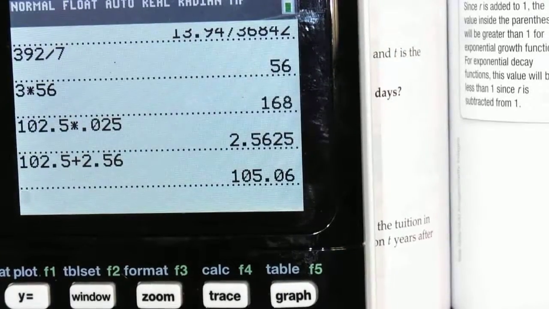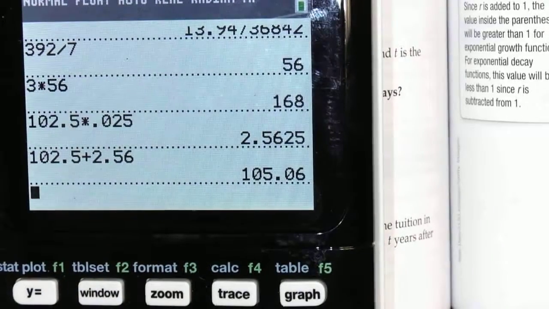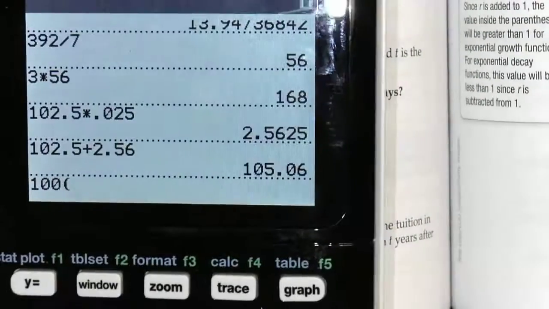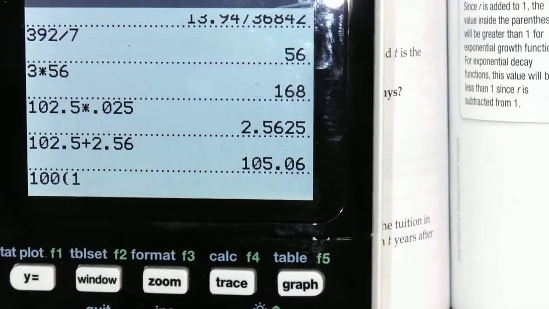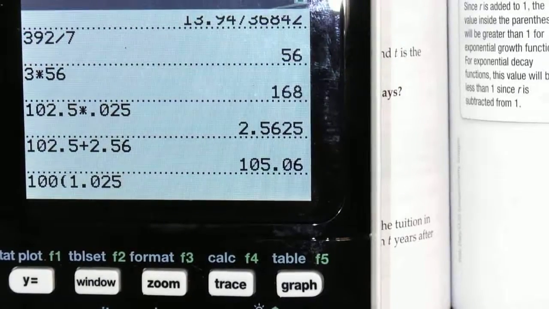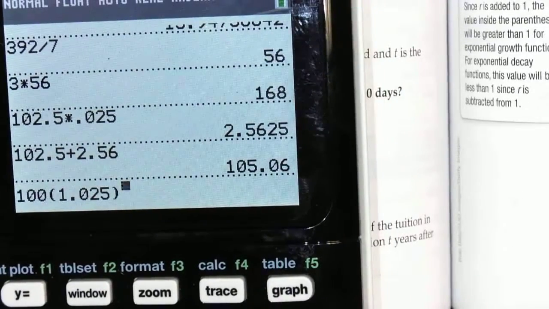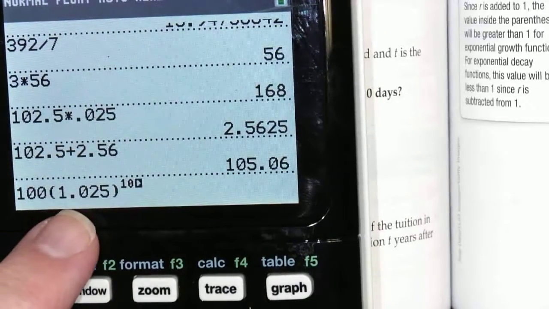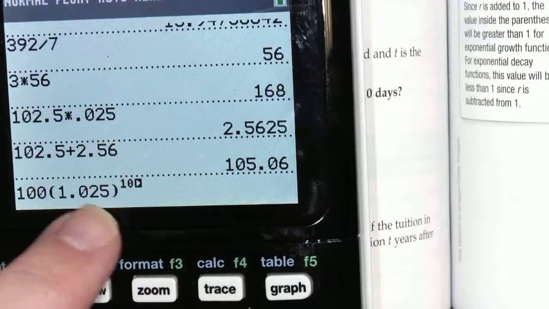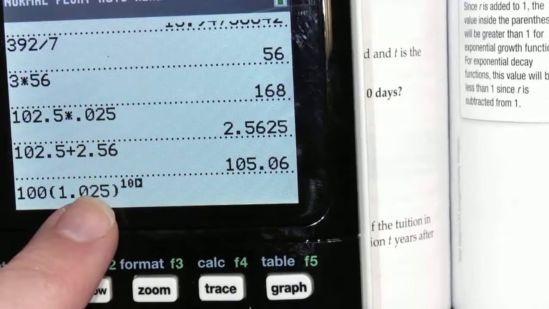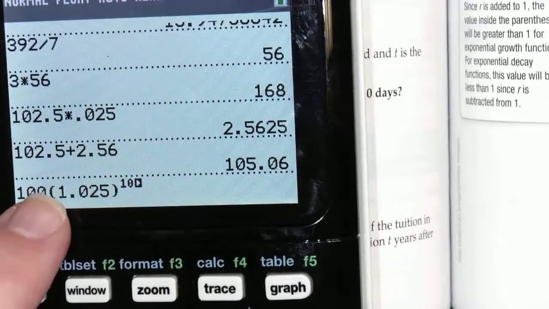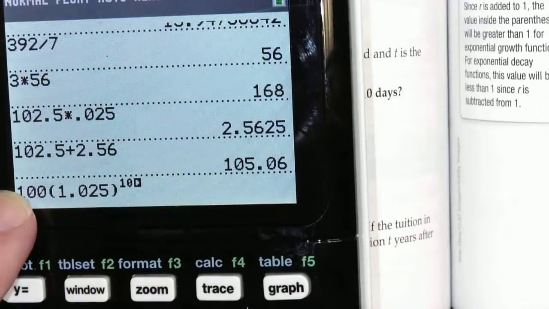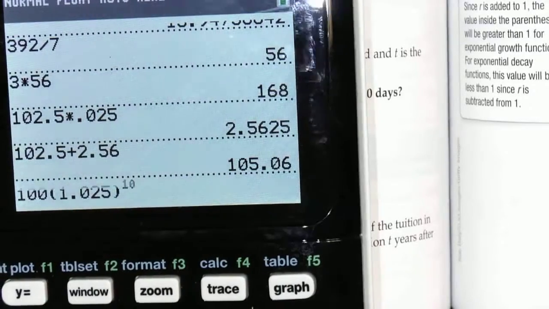If we took 100 times the quantity 1.025, and then parentheses. Now you can do your caret there, and this is to the 10th power. If you have a calculator like mine, this should raise only the 1.025 to the 10th power. If I had put the parenthesis around the whole thing, then it would raise everything to the 10th power.